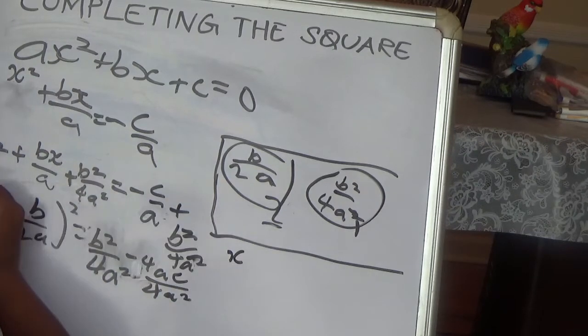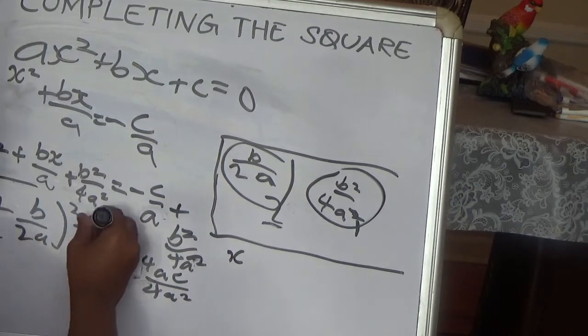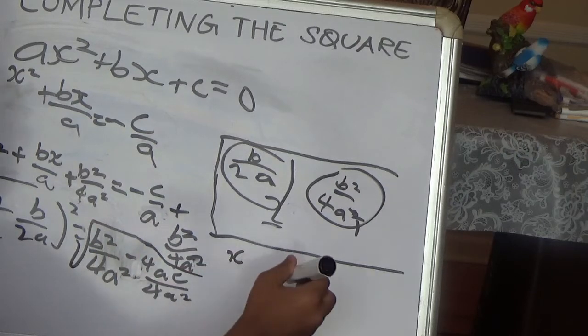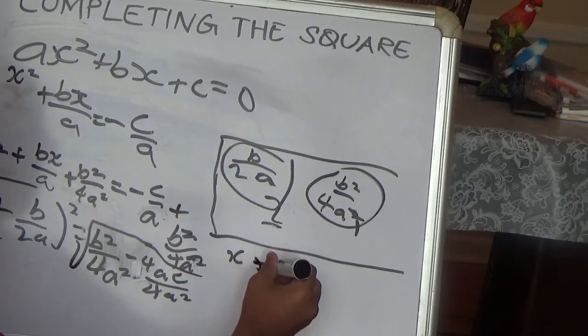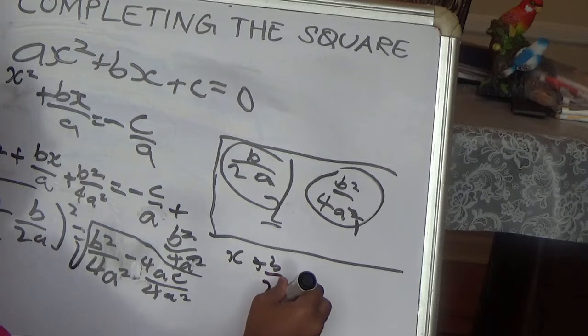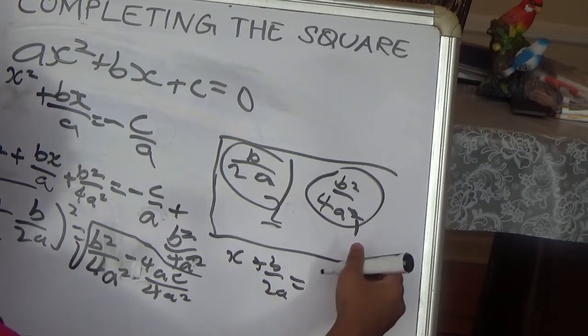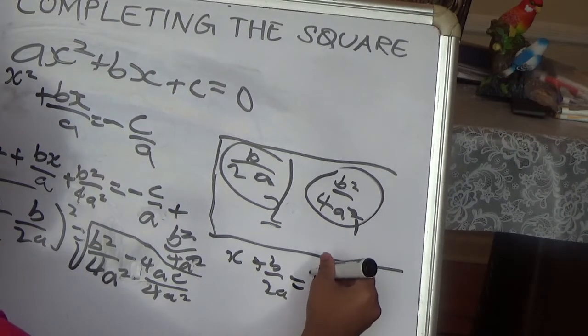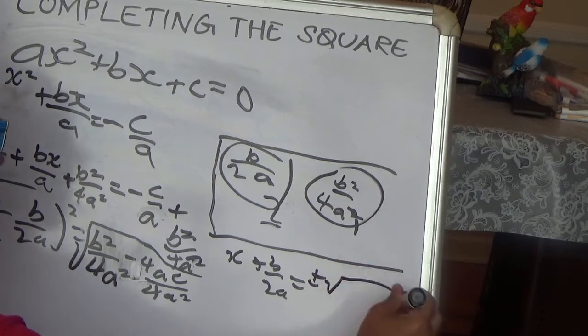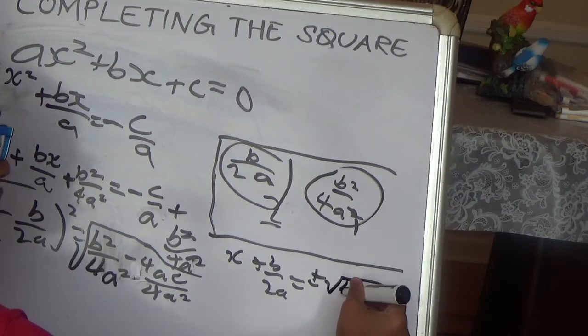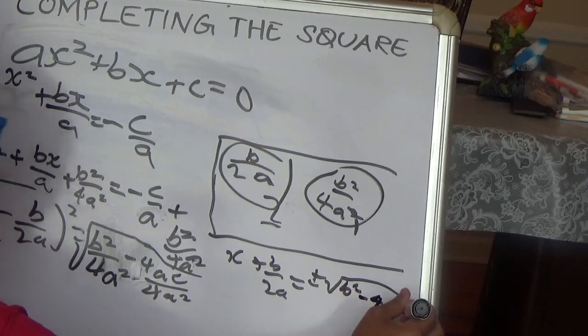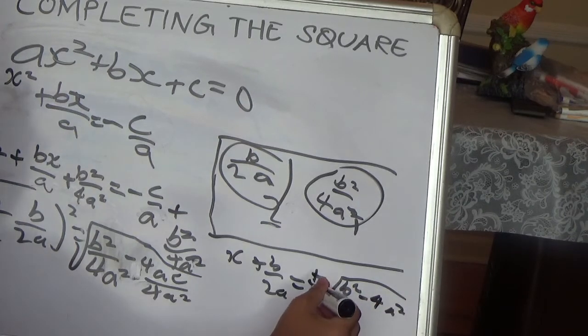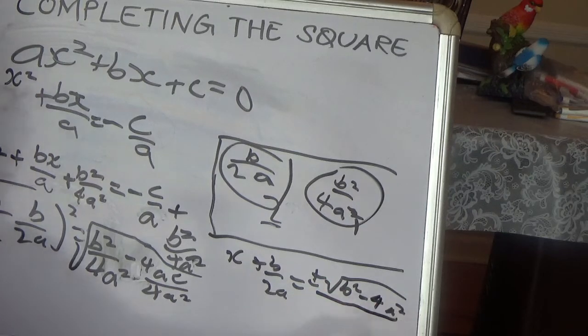Now we can take the square root of this mess, which will be x, you take the square root of this and you take the square root of this. So x plus b over 2a equals plus or minus the square root of b squared minus 4ac, all over 2a.